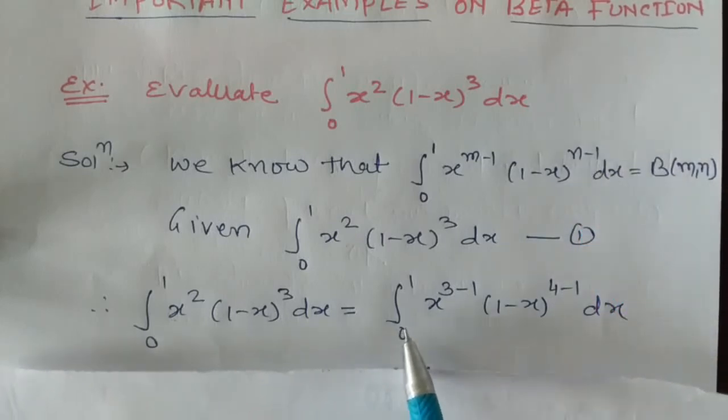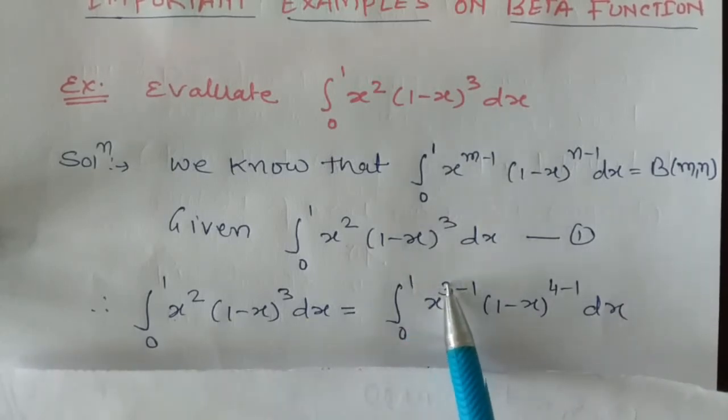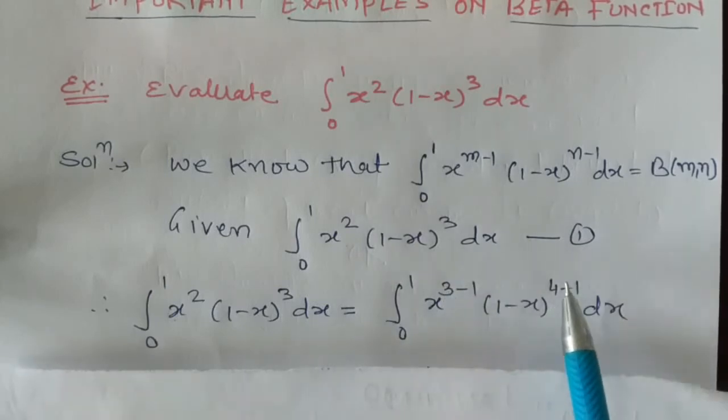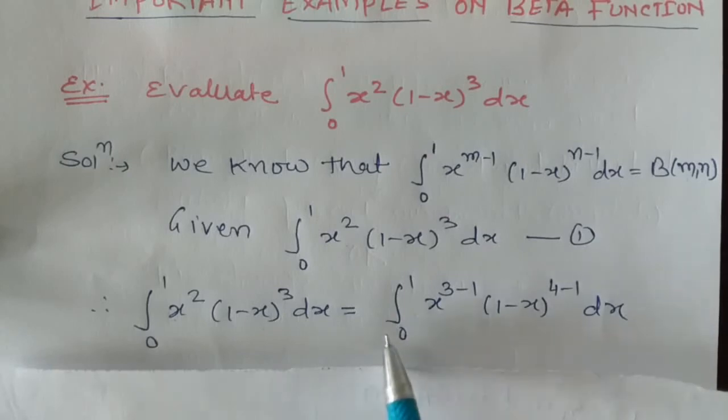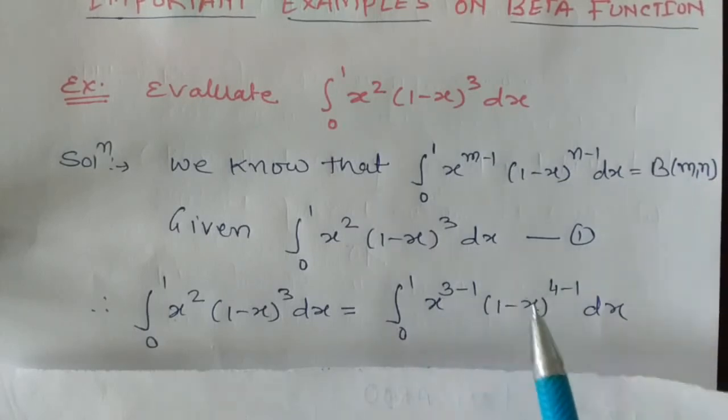So our given integral is from 0 to 1 of x^(m-1) where m is 3, into (1 minus x)^(n-1) where n is 4. So this integral by the definition of the beta function is beta(m, n), so beta(3, 4).